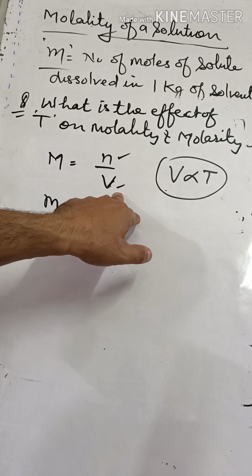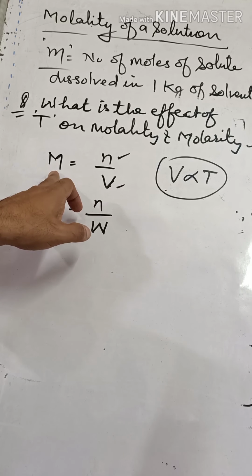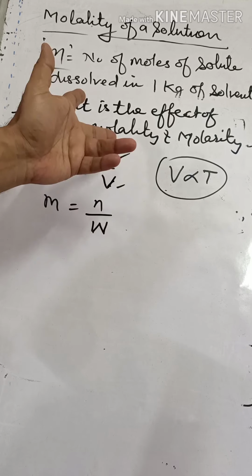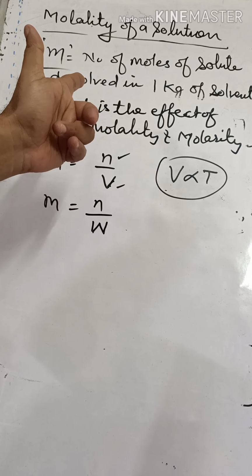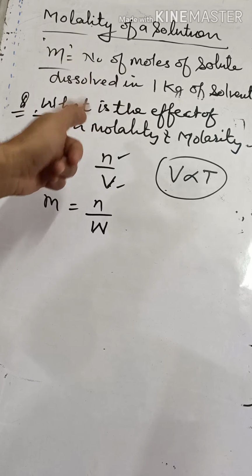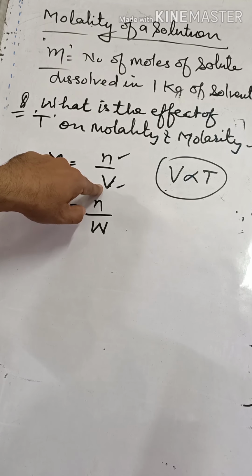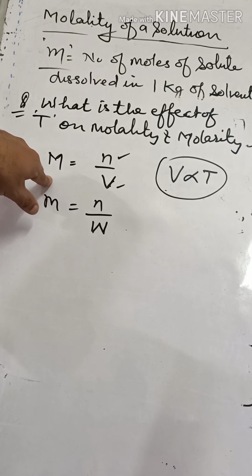Volume will increase, then molarity will decrease, because number of mole, that is amount, will not change by increasing temperature. Mass will not change, so n will not change, but volume slightly may increase, so molarity will decrease.